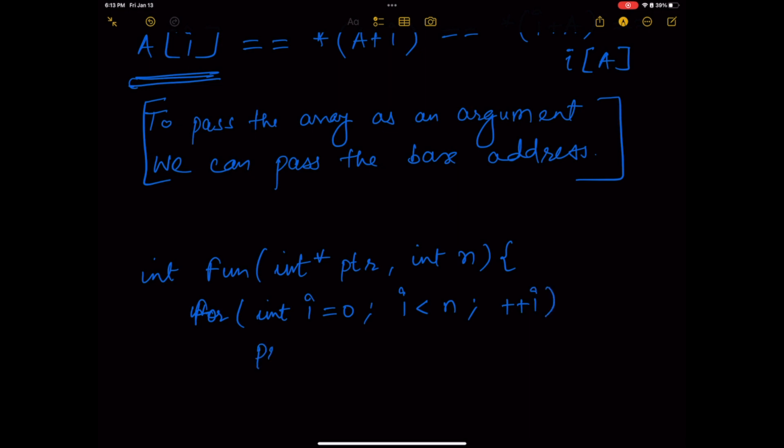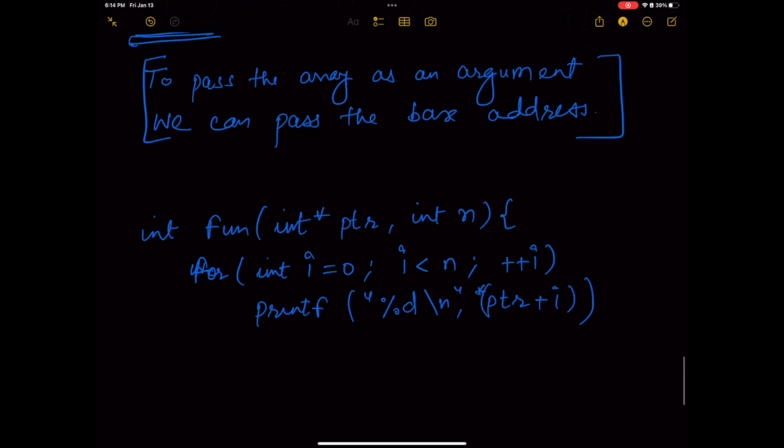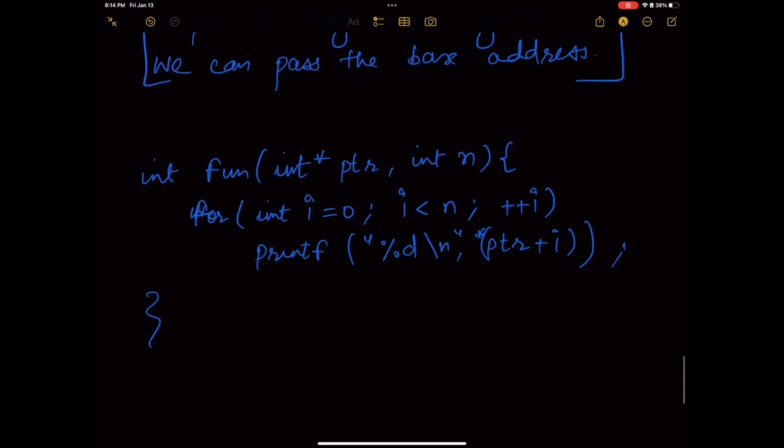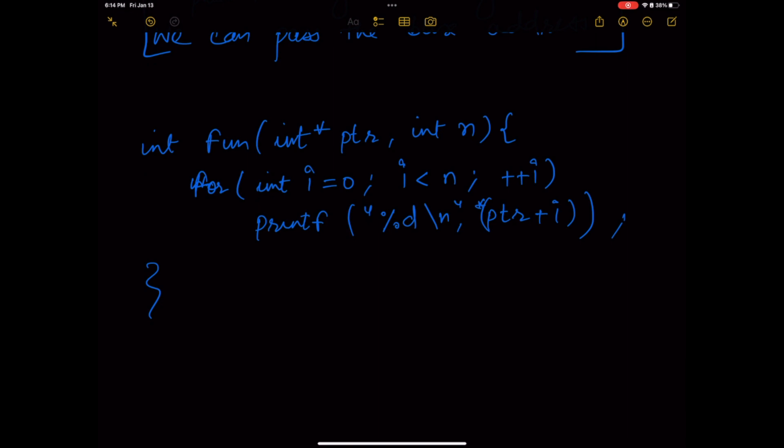What we are going to do is printf %d and a new line for readability. If you want to copy the exact code, then star of ptr plus i. So we are doing this, and we are expecting that this would print the entire array.